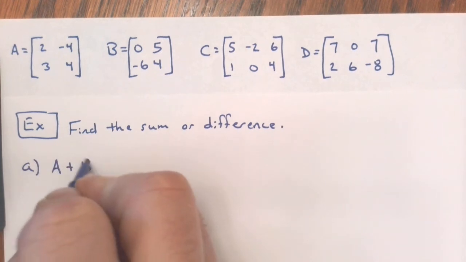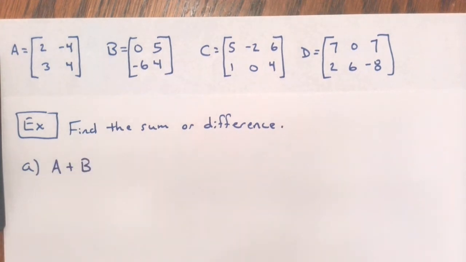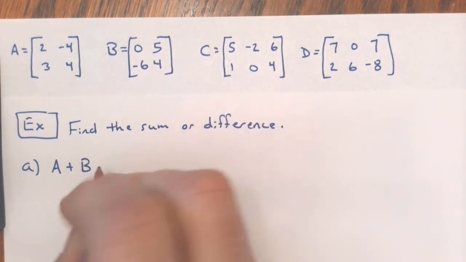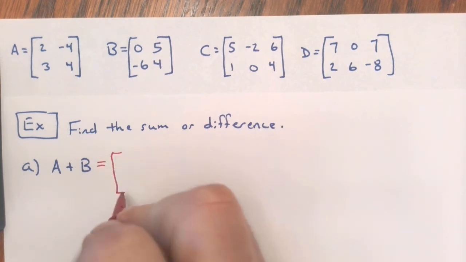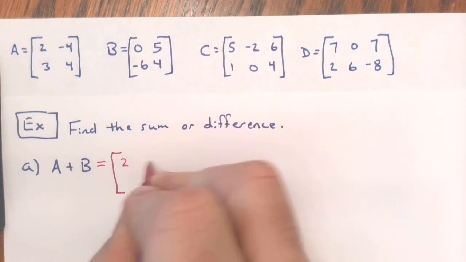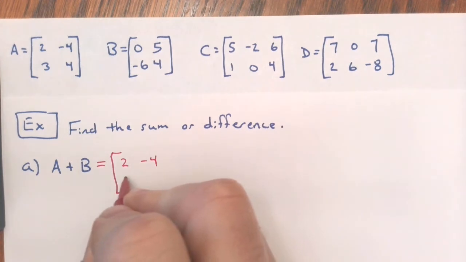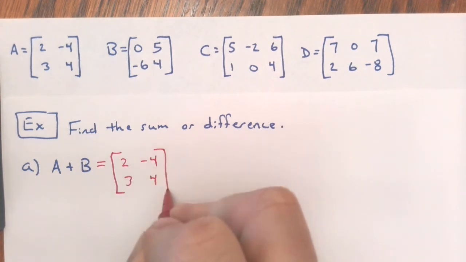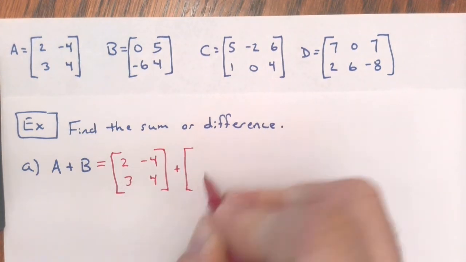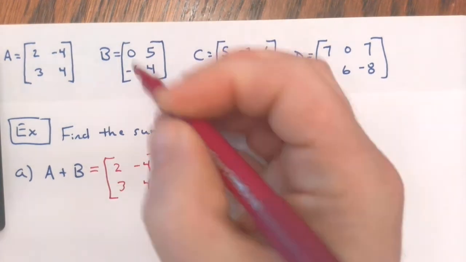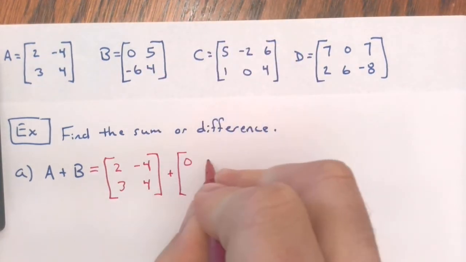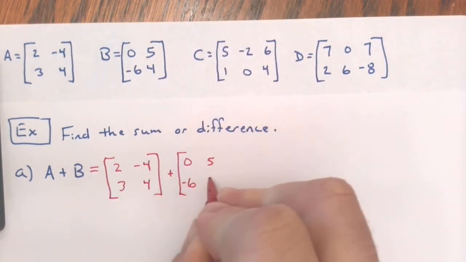To start with, let's take a look at taking matrix A and matrix B and adding those together. Matrix A is the 2 by 2 matrix 2, negative 4, 3, 4. Matrix B is our 2 by 2 matrix 0, 5, negative 6, 4.